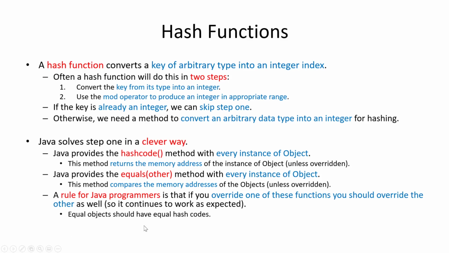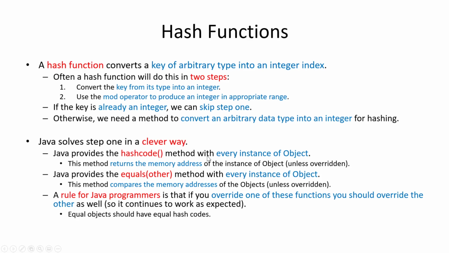This is the expectation that we have on the performance of hash codes. If we have two strings that spell the same thing, they should belong in the same bucket in our hash table. So again, this is a good rule. If you're a Java programmer and you override one of these, you want to override the other one. Please go ahead and do that if you're working in Java.